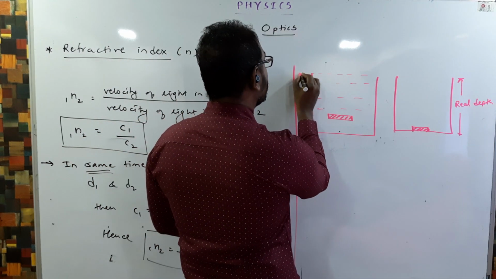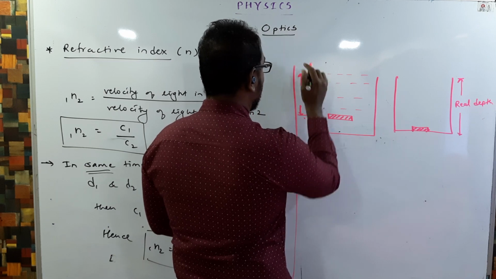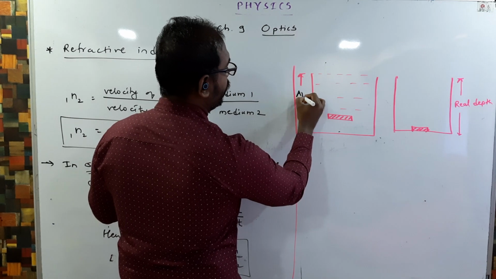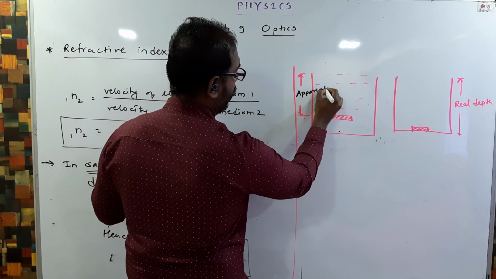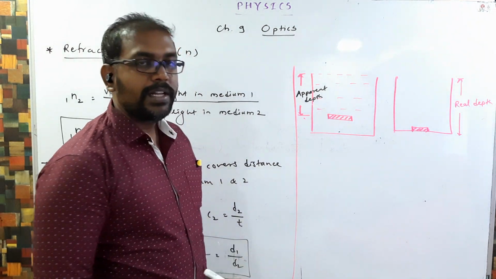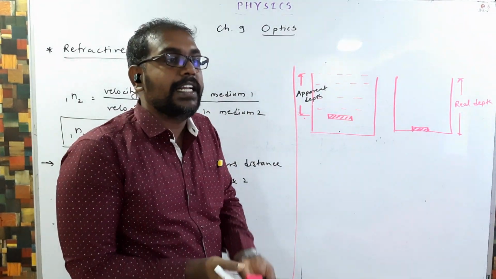Now the distance of this coin from the upper edge is called the apparent depth. Okay. Now listen, why is it called apparent? Actually, the coin is not lifted. We feel that it is coming up.